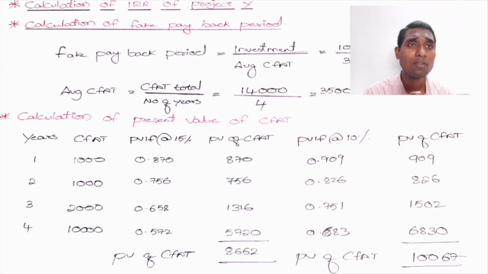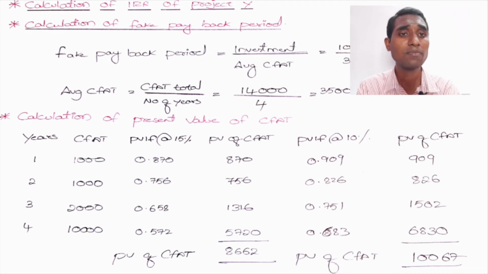One value I want less than CO and one value more than CO, as we said and as we did in the project X evaluation. At 15%, I am getting a value which is much less than 10,000. So, I need to find a value more than 10,000. If you want to increase the CFAT, try at a lesser rate.